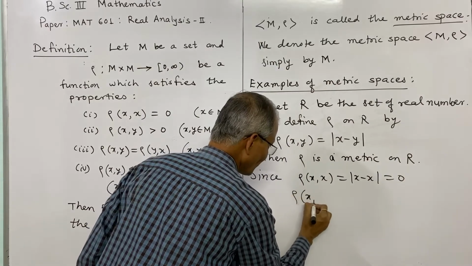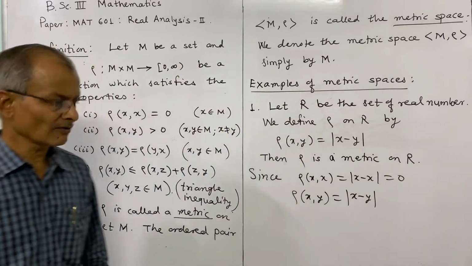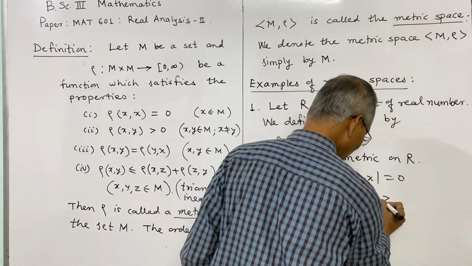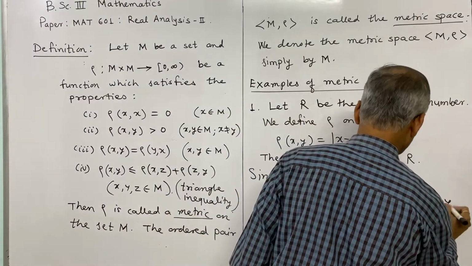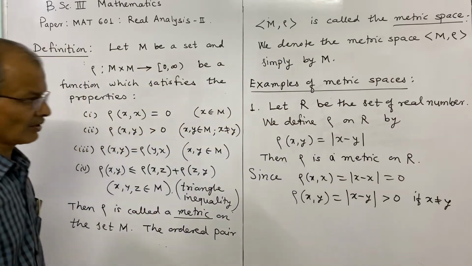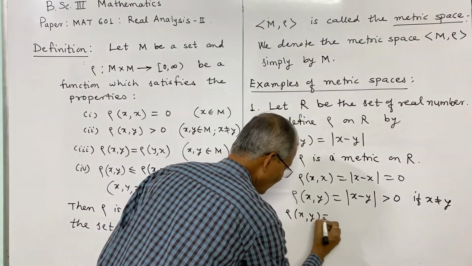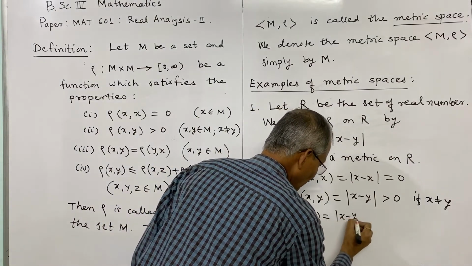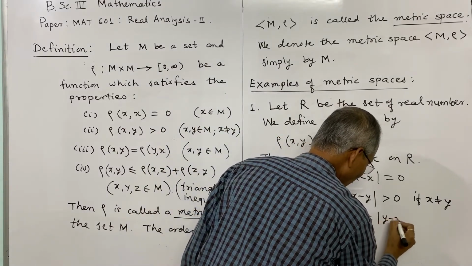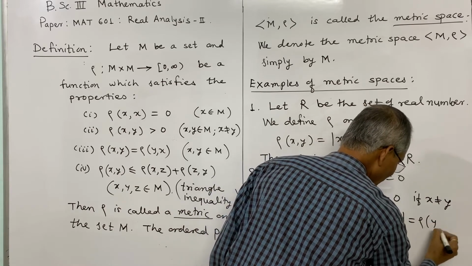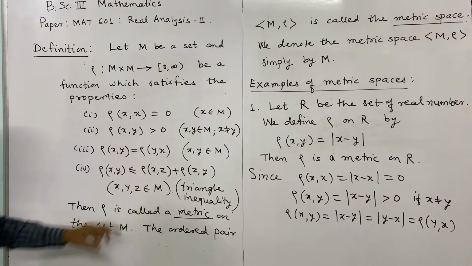Next, rho of x and y is the absolute value of x minus y, and this is greater than 0 if x is not equal to y, and this happens for all x, y belonging to R. And next, rho of x and y is the absolute value of x minus y, which is the same as the absolute value of y minus x, that is rho of y and x.